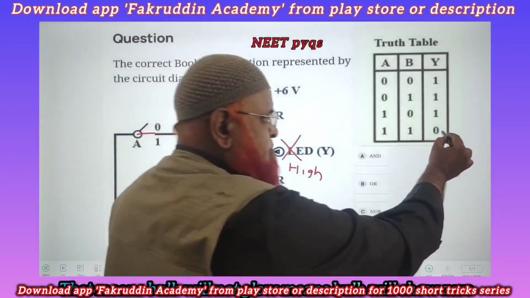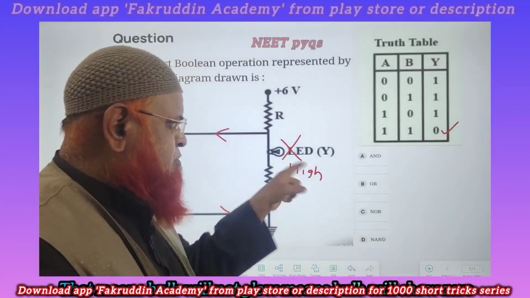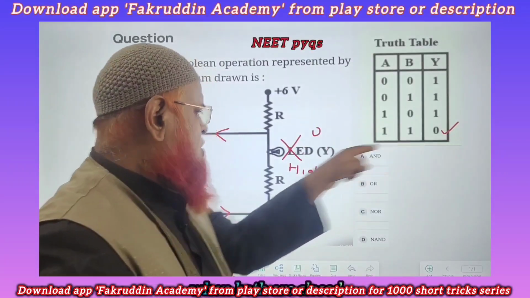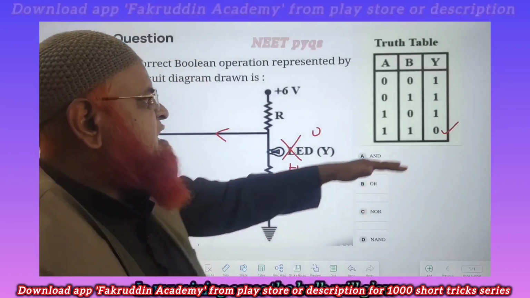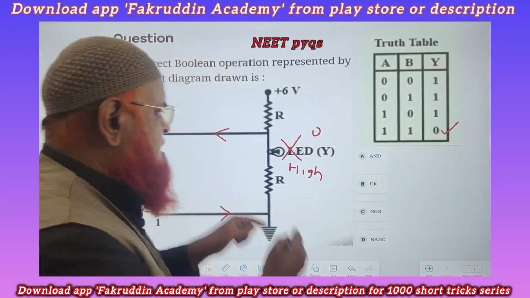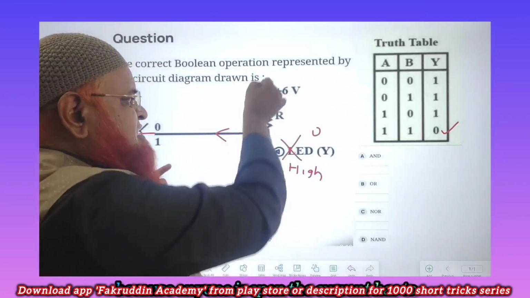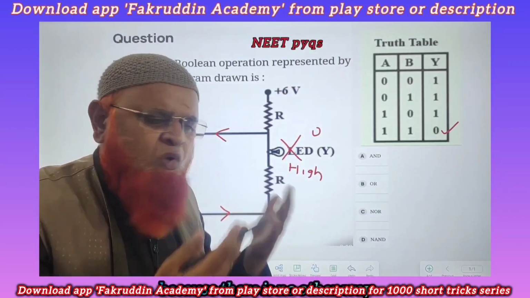That means the bulb will show 0 when both are closed. In the remaining cases the bulb will glow, because any one is open and the current has to pass through the bulb because there is no other way.